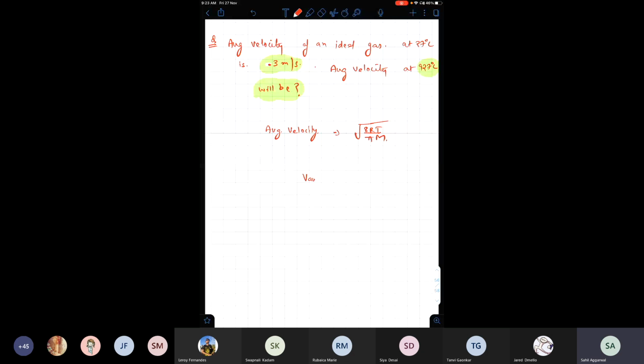V average of 1 divided by V average of 2 is equal to root T1 by root T2, and the mass will get cancelled out.